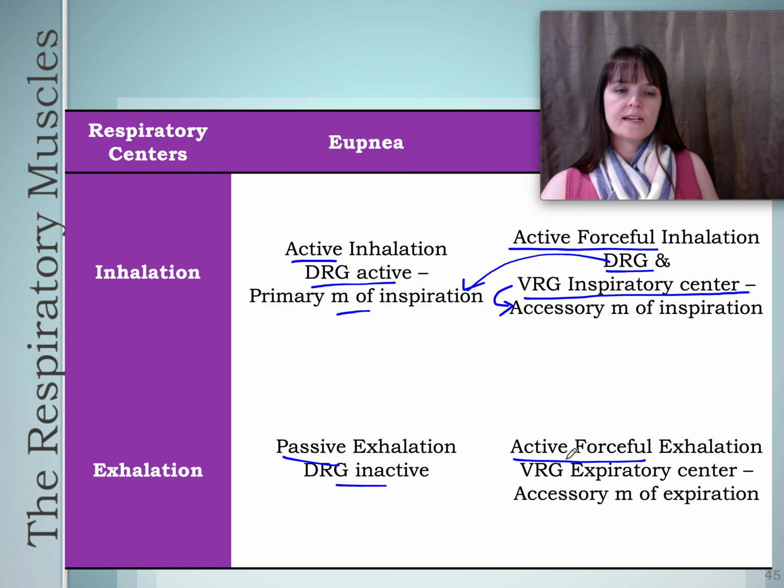In hyperpnea exhalation, this is active forceful exhalation, like blowing out the candles on your own personal birthday cupcake. Because ew. The VRG expiratory center is the only thing that's active because it controls the accessory muscles of expiration, including the abs, the obliques, and the internal intercostals.